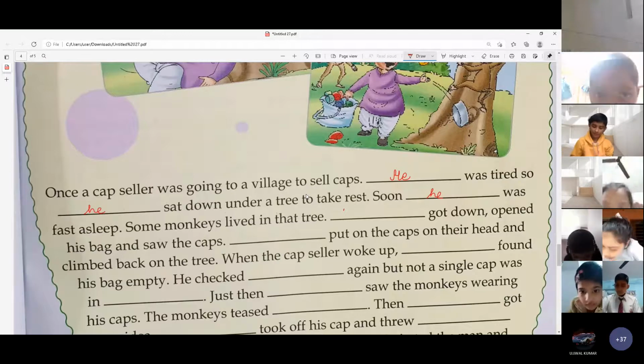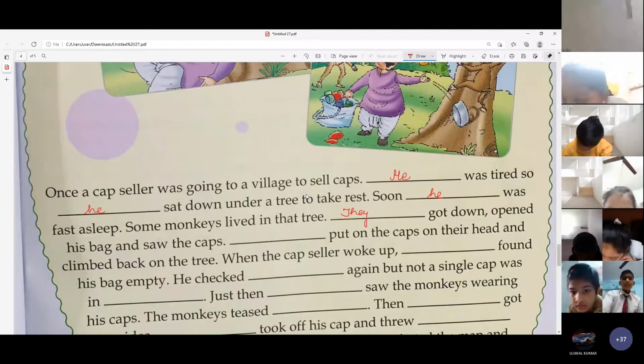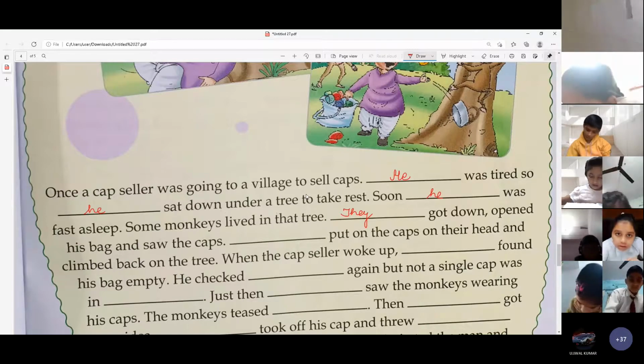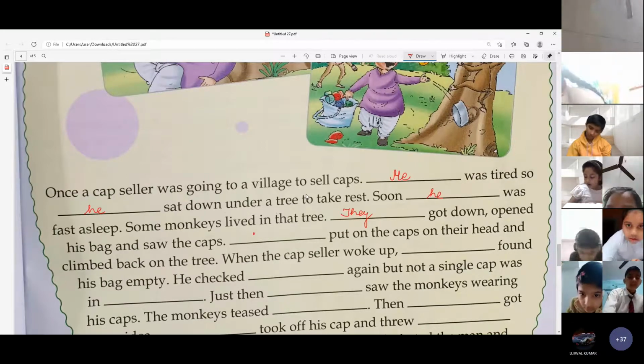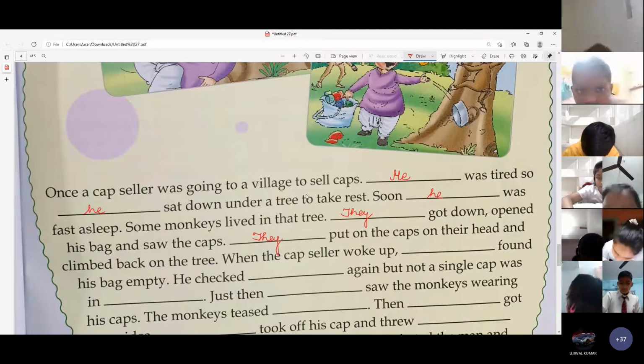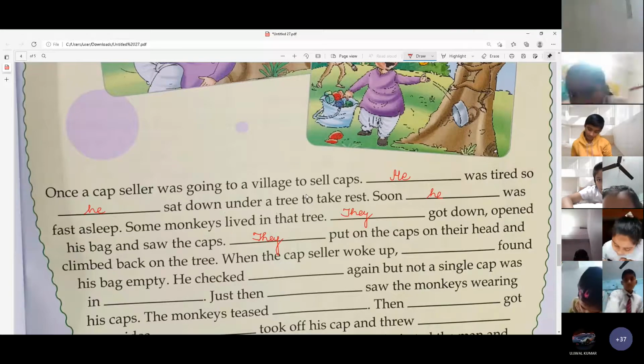They got down, opened his bag and saw the caps. They put the caps on their heads and climbed back on the tree.